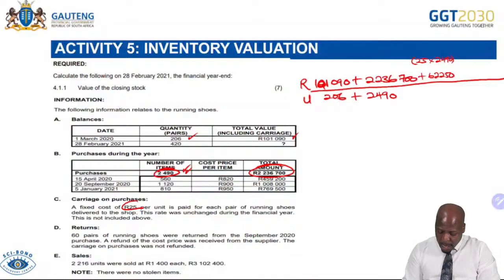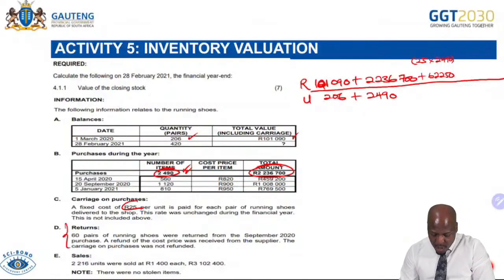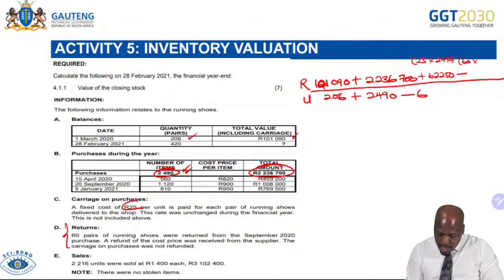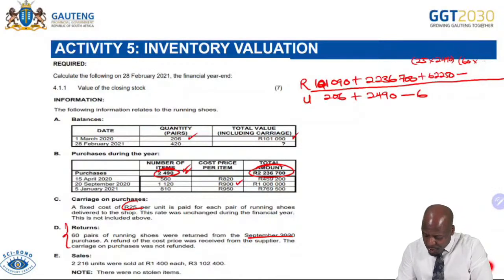Then I'm going to come to the last one, which is my returns. We're told 60 pairs of shoes were returned. So I'm going to say minus 60. I come to the top, and then I say minus, I open the bracket again. It's 60 multiplied. These were from the September purchases. So I come to September. In September, each unit had a cost price of 900. So it's going to be 60 multiplied by 900. And then that gives me 54,000.